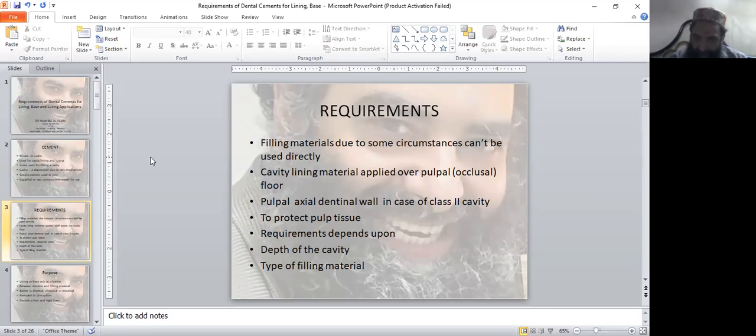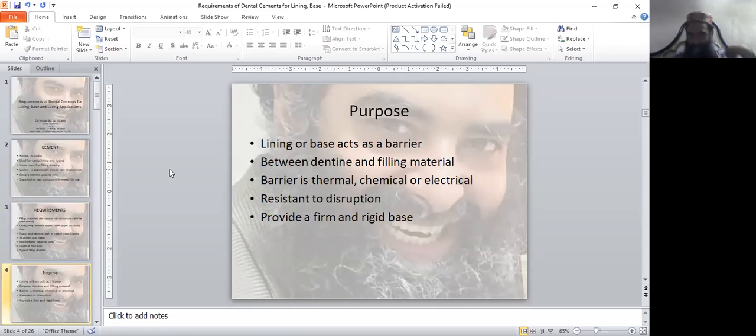Now the requirements depend upon the depth of the cavity and the type of filling material. And what is the purpose of lining and bases? Lining or bases act as barriers, and Pakistani people are well aware of barriers.